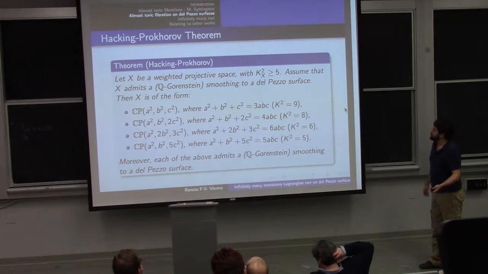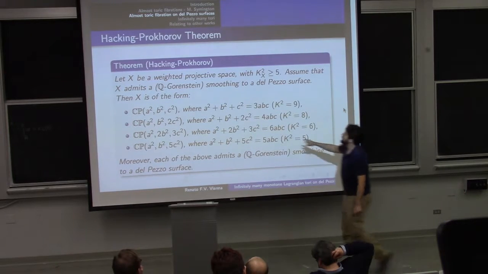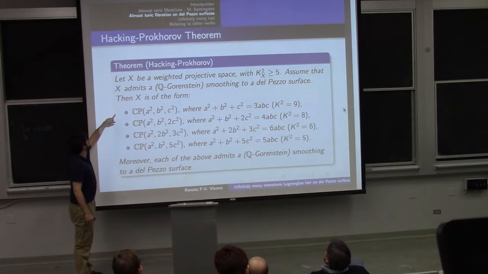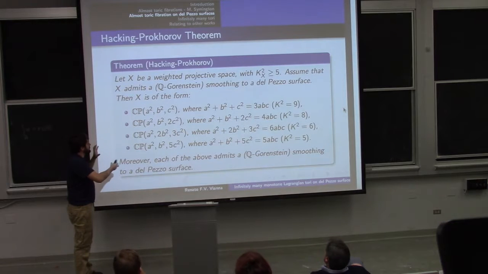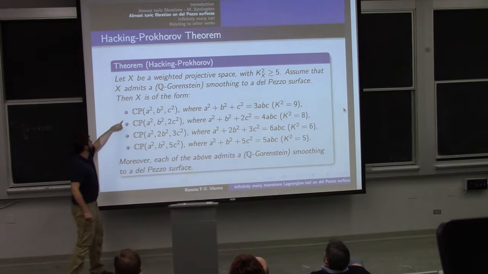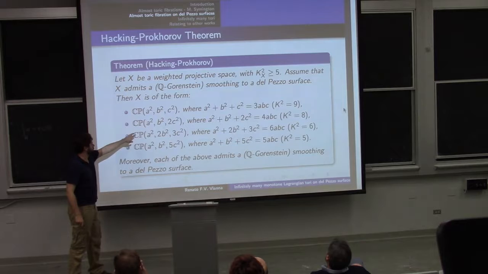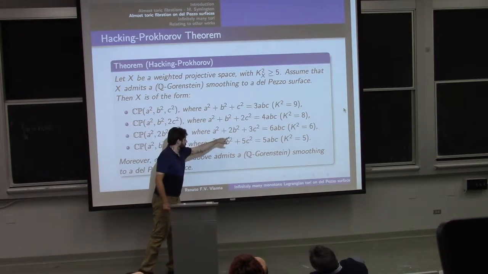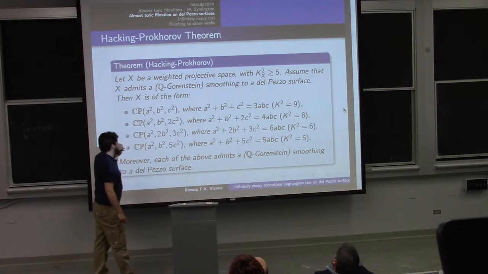Okay, so Hacking and Prokhorov described all the weighted projective spaces that could be smoothed into a Del Pezzo surface, and they have this format here, such that A, B, and C were solutions to these corresponding equations here.